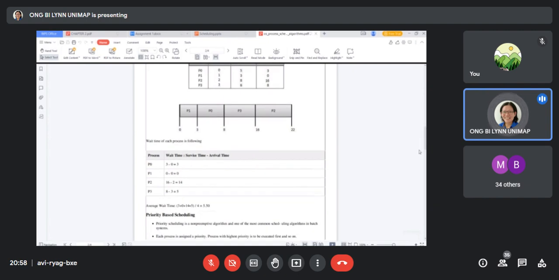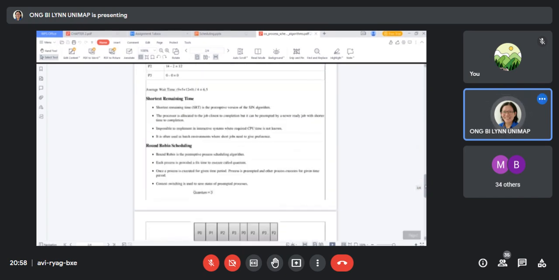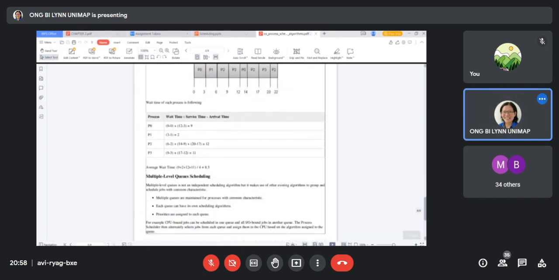So shortest job first has the least waiting time compared to the other processes. Ada soalan?